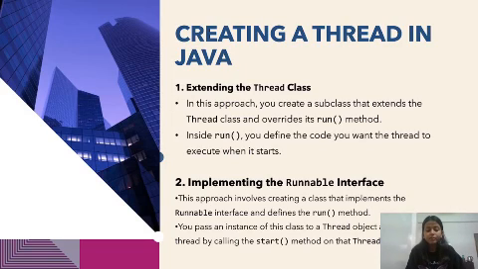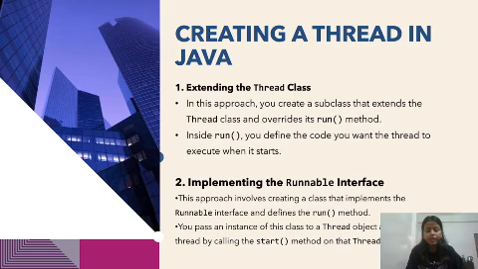In Java, we can create a thread in two primary ways: by extending the Thread class or by implementing the Runnable interface. Let's start with extending the Thread class. This approach involves creating a new class that extends Thread and overrides the run method, where we define the task for the thread.